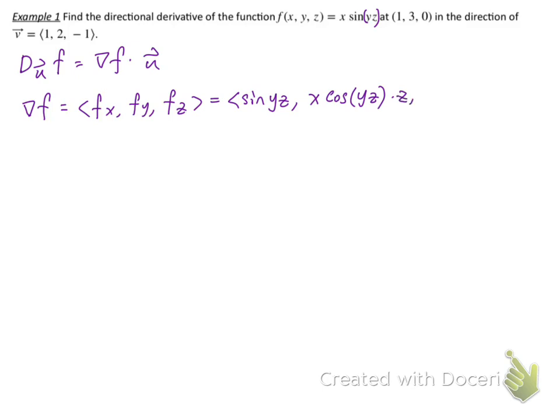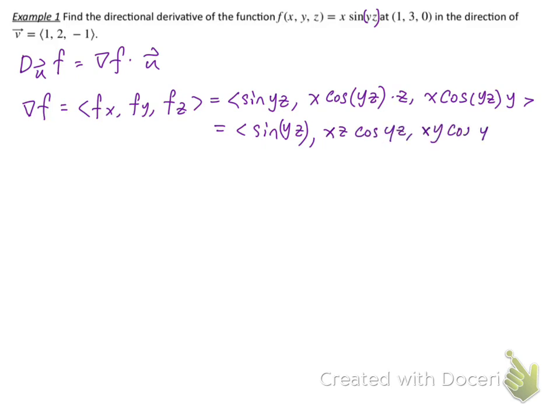Last, take derivative with respect to z. x is the coefficient. Then we take derivative on sine, which gives us cosine. And then the derivative of the input, differentiating yz with respect to z, gives y. Let me rewrite it a little bit. Again, yz together is the input. Then I have sine yz, xz cosine yz, and xy cosine yz.